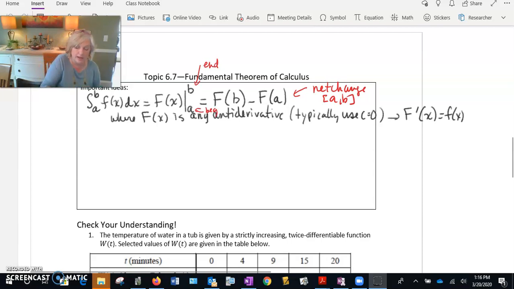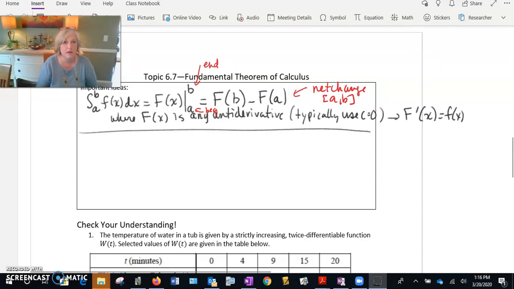Just to show you how this works, let's go back to the example that we did on the previous page. If I was calculating the definite integral from 2 to 5 of the velocity function they gave us, which was negative x squared plus 6x plus 1 dx, your first step to algebraically do this would be to calculate an antiderivative, and that's where we would have our negative 1/3 x cubed plus 3x squared plus x.